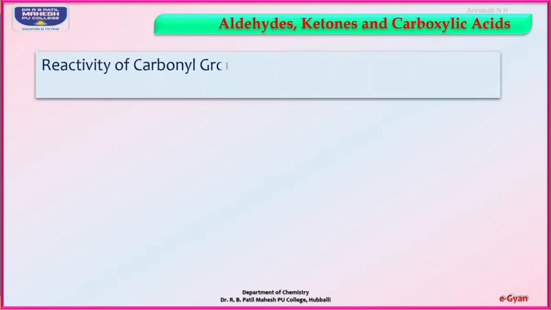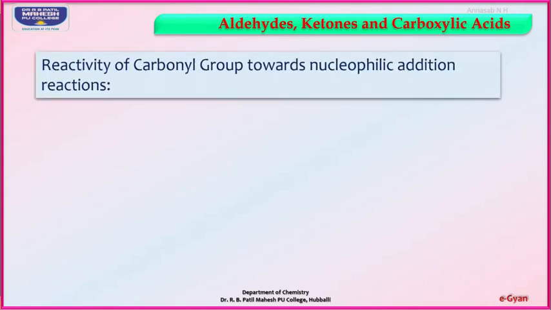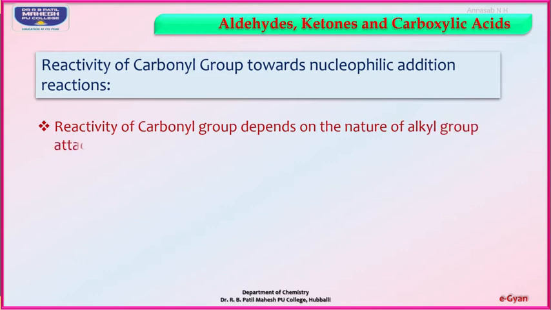The reactivity of carbonyl group towards the nucleophilic substitution reaction depends upon the nature of alkyl group attached to it. So in case of aldehyde, there is a possibility of getting only one alkyl group, whereas in case of ketones, there is a possibility of getting two different or same alkyl groups.